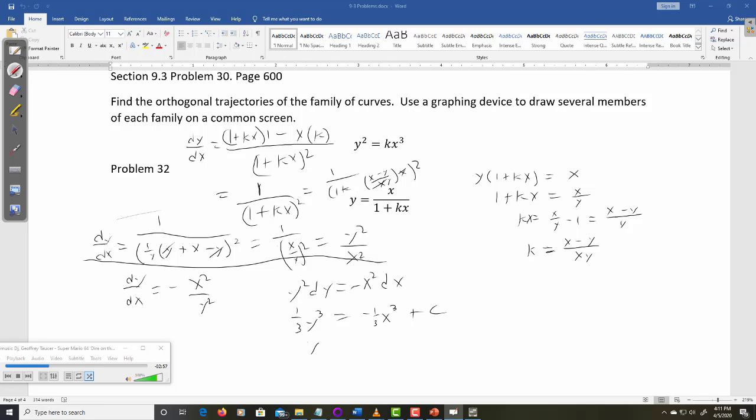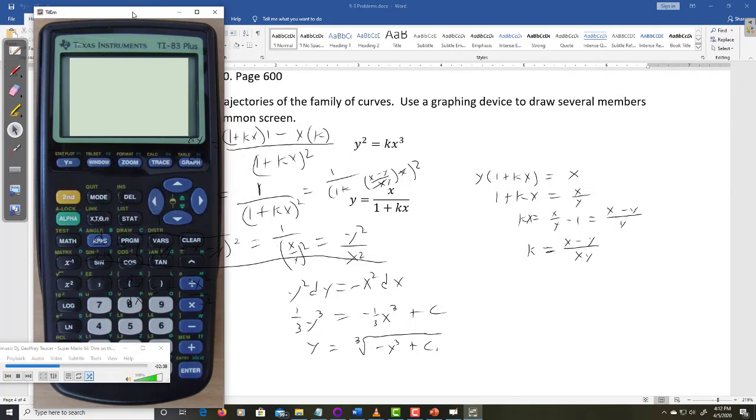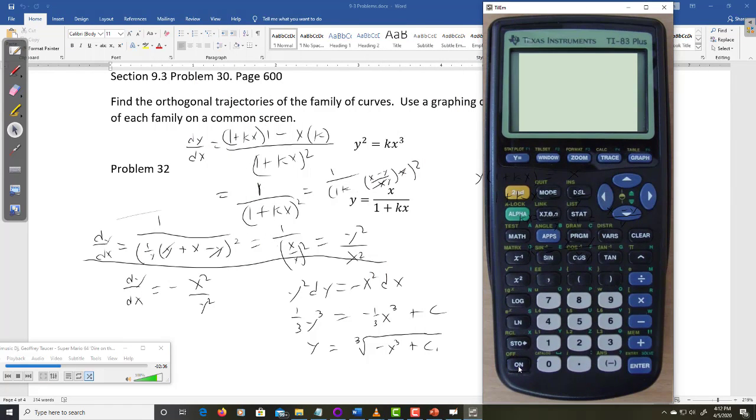Multiply off the 3, cube root, y equals the cube root of negative x cubed plus a different constant. There we go. Because this was an odd power, we aren't getting plus or minuses. So let's take a look here.